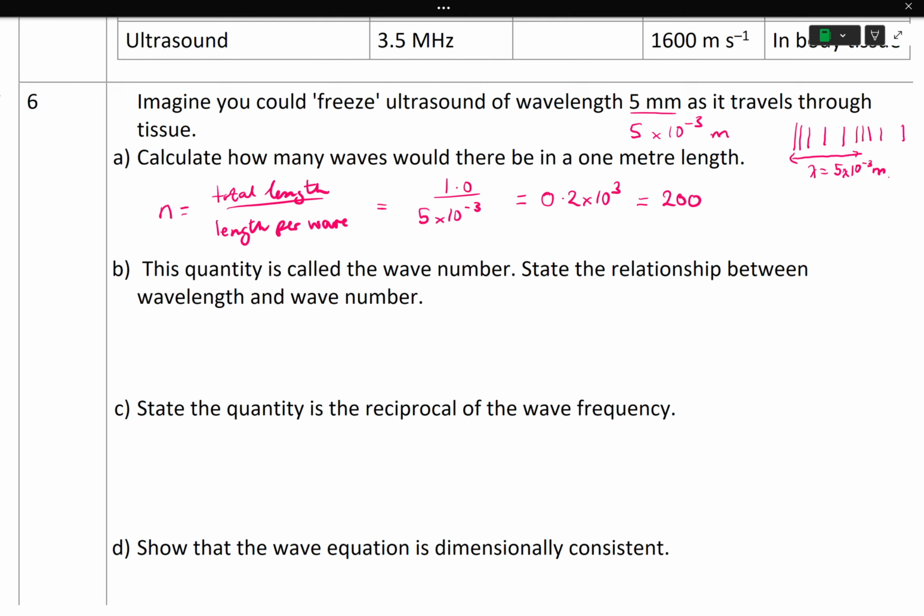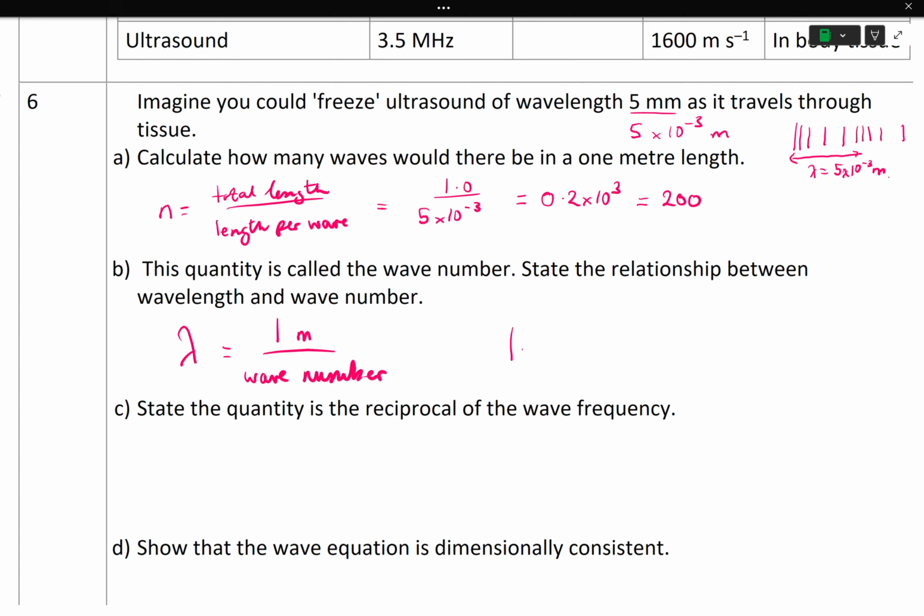State the relationship between the wavelength and the wave number. So the wavelength is equal to 1 meter divided by the wave number, or you could have written it the other way around.